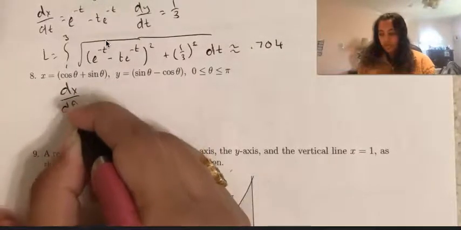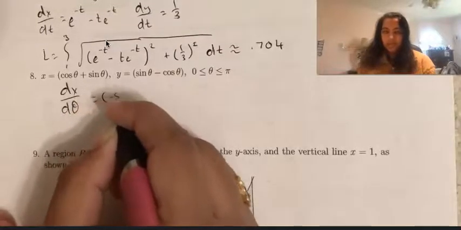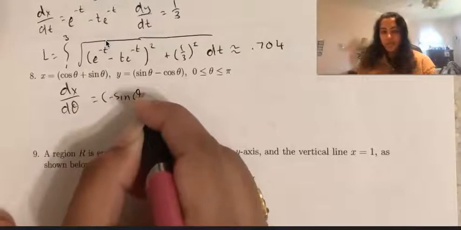So for this one, you're basically doing dy over dt, except instead of t you use theta, so it's dy over d theta.